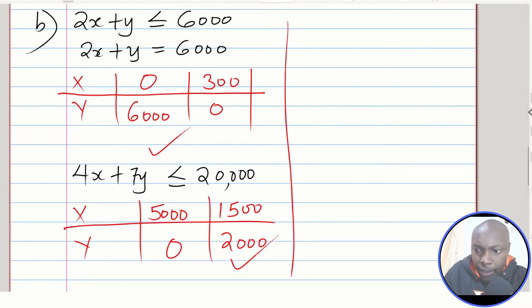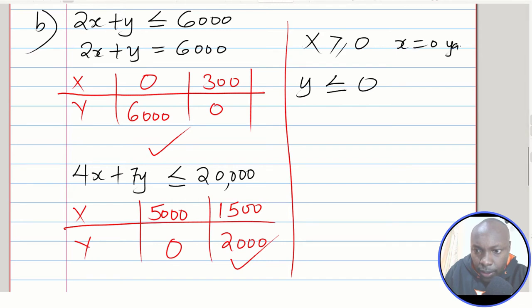Then for the others, x is greater than or equal to 0, that will be the y-axis, and then the other one, y is greater than or equal to 0. So just draw the line x equals 0.